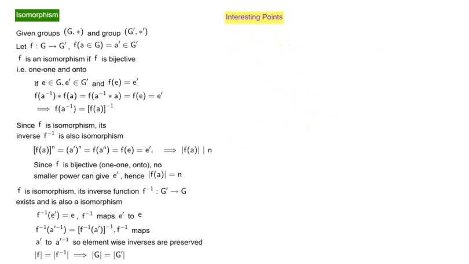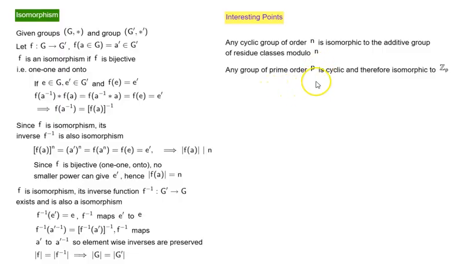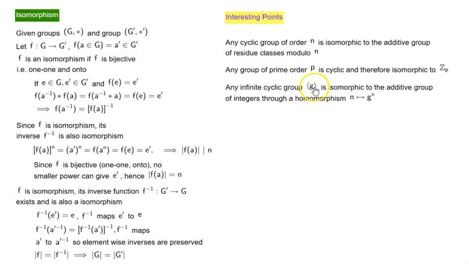Now let's look at some interesting points. Any cyclic group of order n is isomorphic to the additive group of residue classes modulo n. Any group of prime order P is cyclic and therefore isomorphic to ZP. Any infinite cyclic group generated by G is isomorphic to the additive group of integers through a homomorphism n maps to G to the power of n.